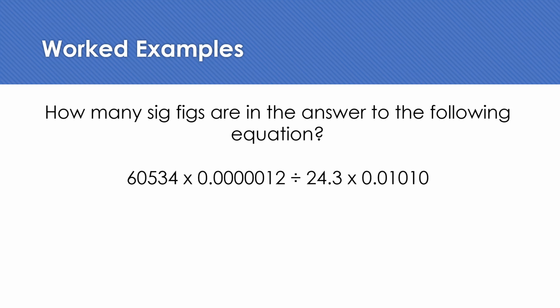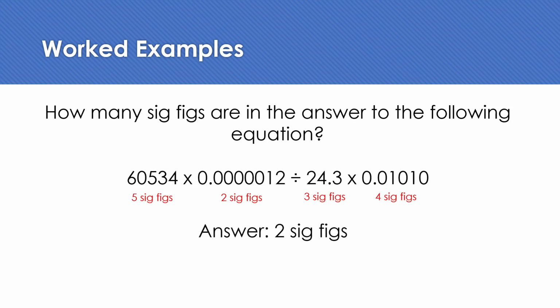And 0.01010 has 4 significant figures. So the value that has the fewest significant figures is the second one, 0.000012, with 2 significant figures. So my final answer can only have 2 significant figures.